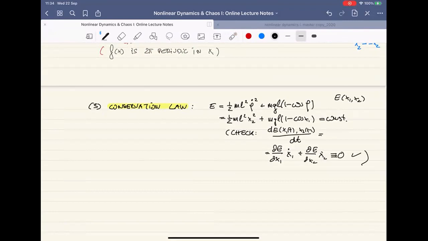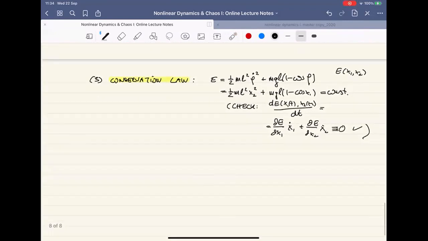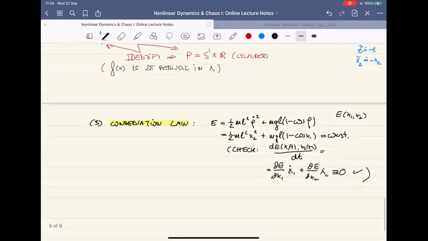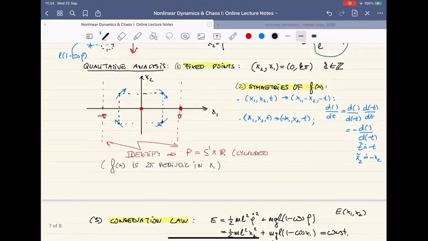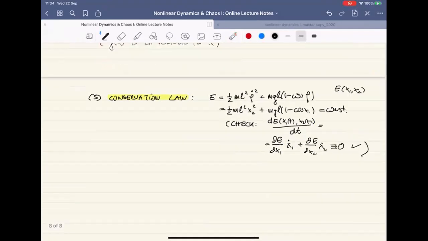Okay, so the way you could use that conservation of energy in the dynamical system setting is that you go back to the phase plane portrait and you say, you know what, I just need to figure out what the level curves of the energy are, because if I start on one of them, then I will surely be confined to them for all times.